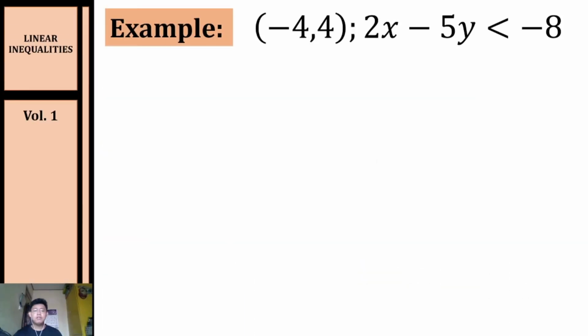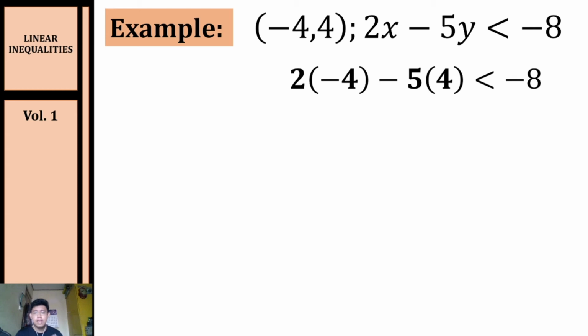Alright, let's have another example. So, for example, we're going to test (2, -4) in the inequality 2x minus 5y is less than -8. So, let's substitute the values of x and y to our inequality. So, 2 times -4 minus 5 times 4, is it less than -8? So, let's simplify.